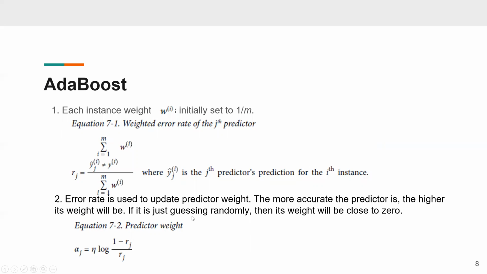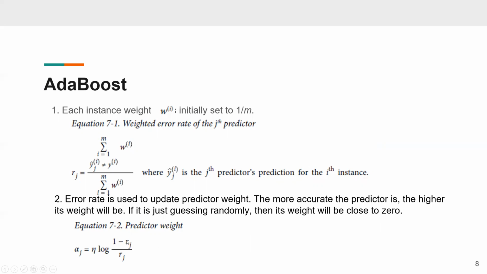If it's just guessing randomly, then its weight will be close to 0. So we use the error rate to update the predictor weight, and the predictor weight can be updated by this equation.